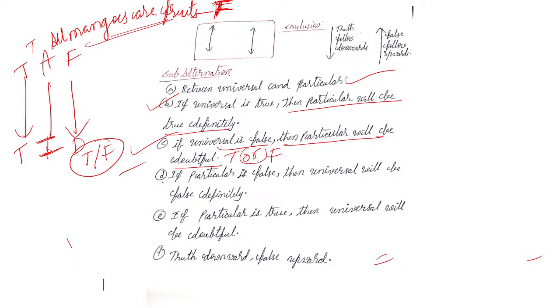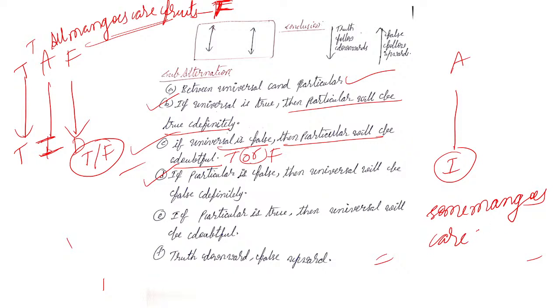Again, if the particular is false, suppose here is A and here is I statement. I am saying some mangoes are fruits is false.